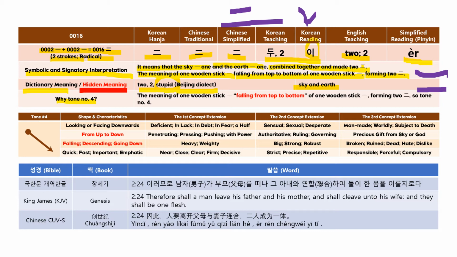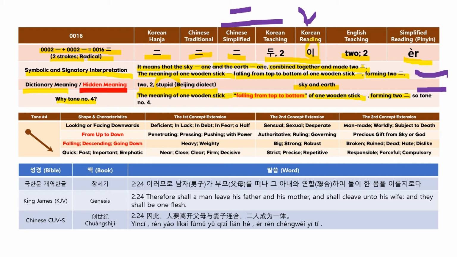Anyway, why does this character have the specific tone number 4? The meaning of one wooden stick falling from top to bottom onto one wooden stick, forming two.